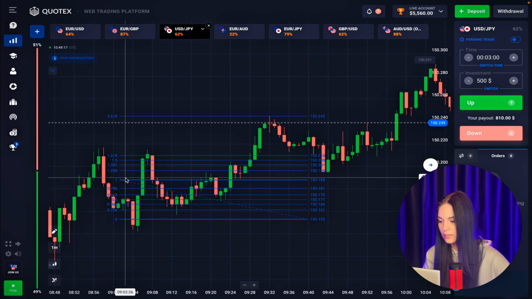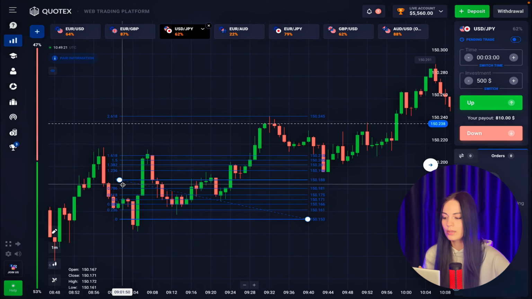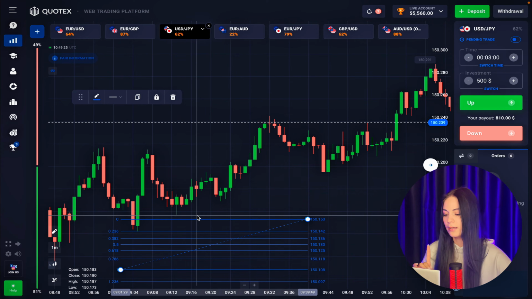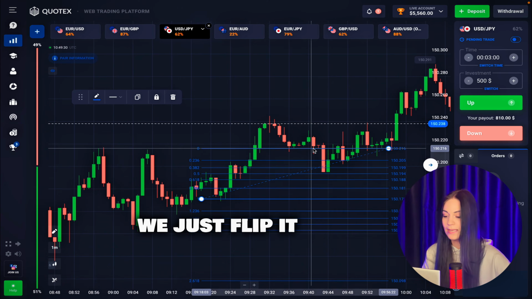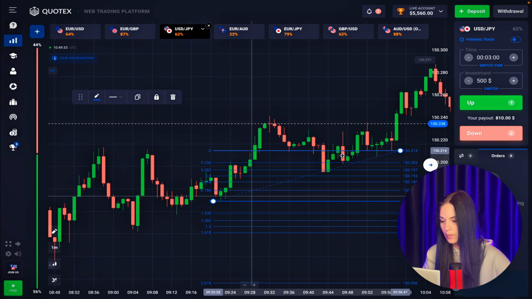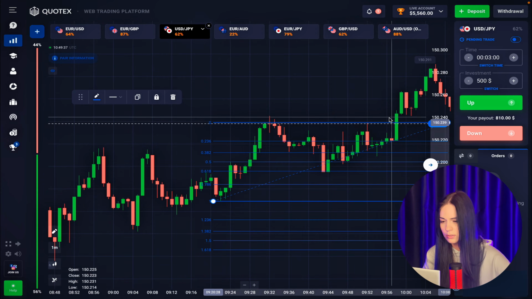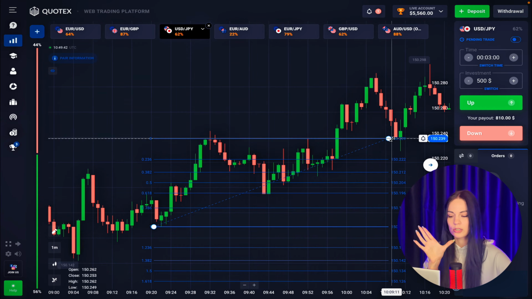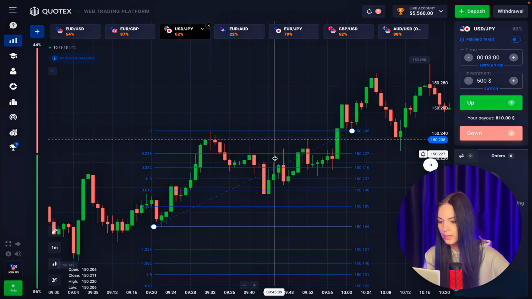The Fibonacci retracement goes upside down, and we know that to take Fibonacci with an uptrend, we need 1 on the bottom and 0 on the top. So we just flip it around and we use it this way. Swing low 0 right here, and swing high is going to be somewhere there. Yeah, and we stretch it a little bit so it's more comfortable for us to see. Yeah, we do it like this.